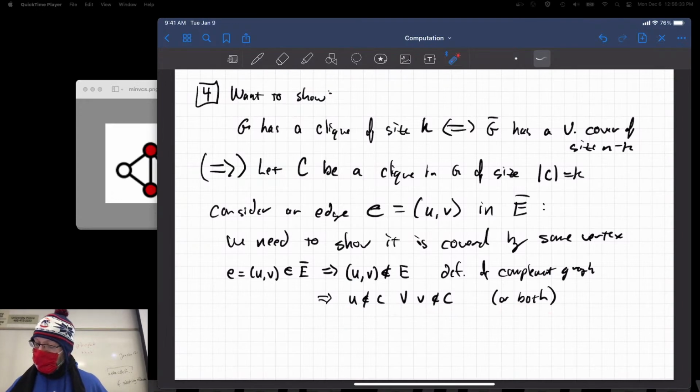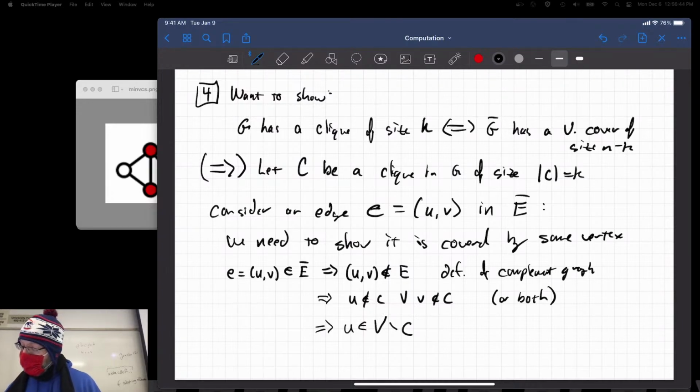Okay? Now, what I can do is I can say that U is in the set of all vertices, set minus C, or V is in V set minus C. There we go. All right?